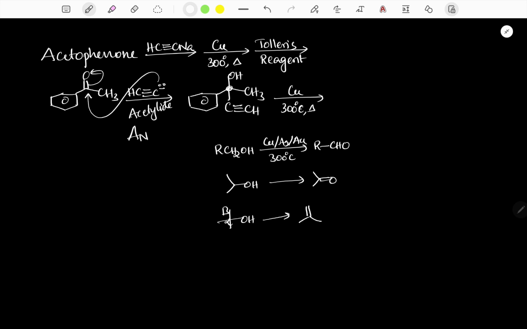So in this case also it is an alpha, it is a beta. Since it is a tertiary alcohol, it undergoes dehydration.